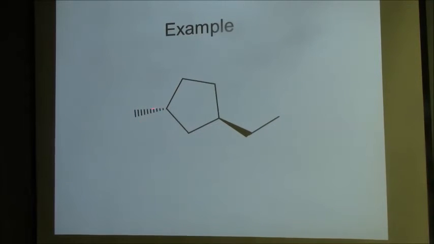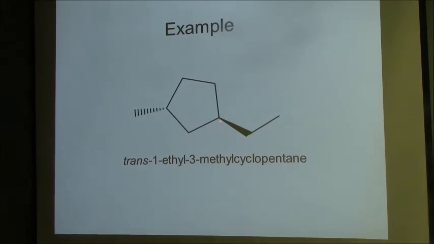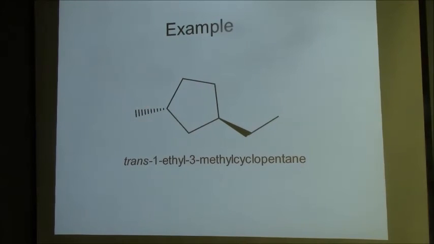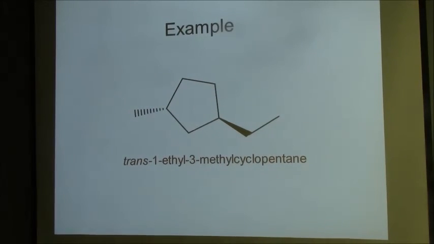This is a methyl group, right, because this is just a CH3 we're imagining here. And this is an ethyl group, right, because there's CH2, CH3. So the final answer here is trans. Carbon number 1 is right here because E comes before M. So trans-1-ethyl 3-methylcyclopentane. And that's the end of our discussion on cyclic nomenclature.